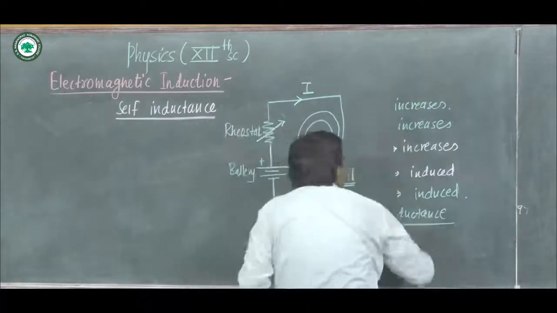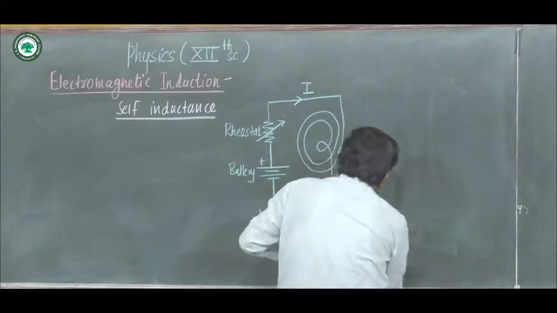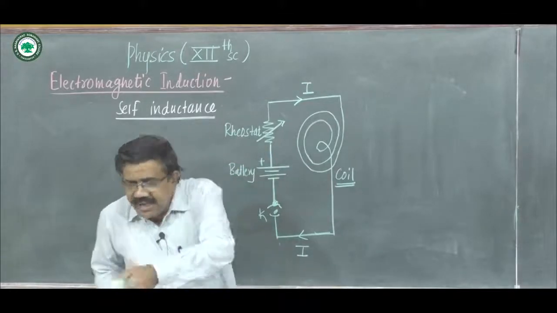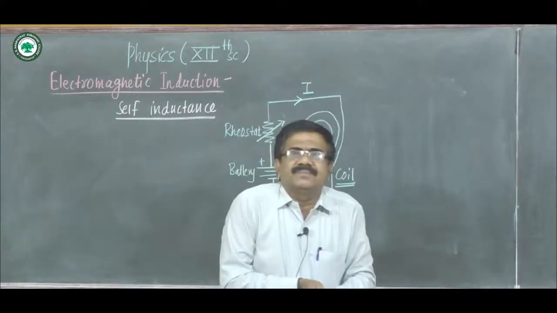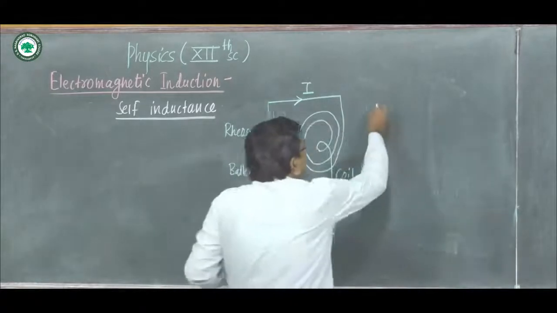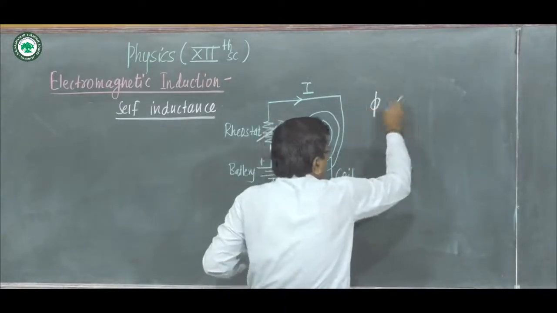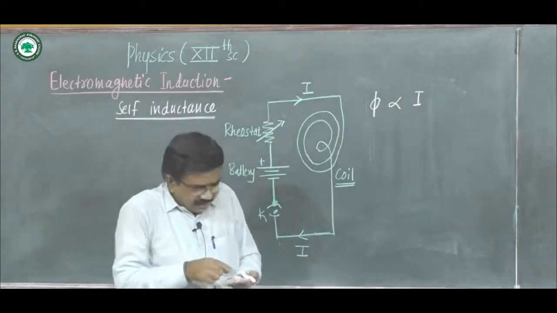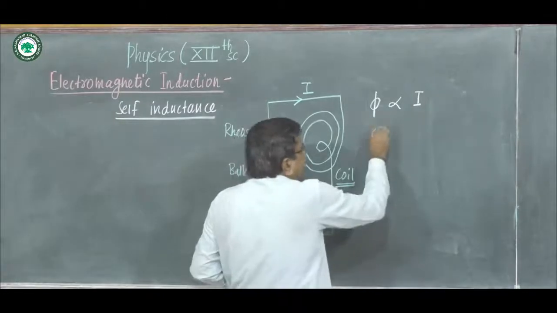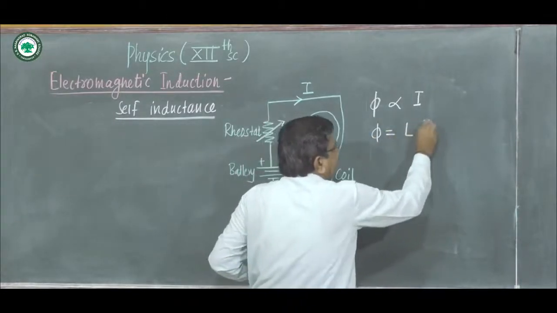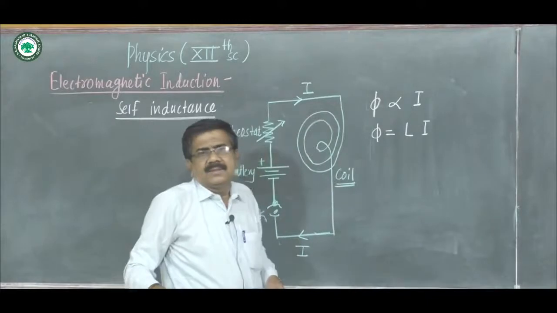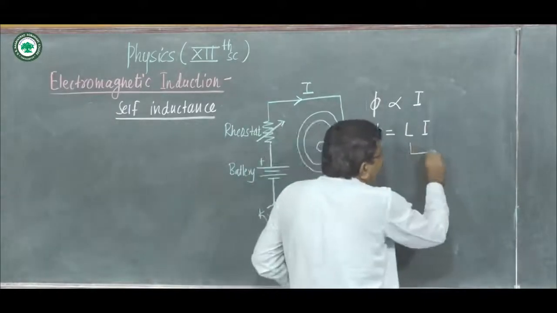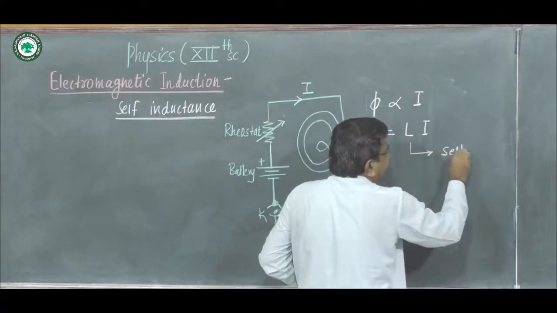Suppose at any instant t, if I is the current flowing through this circuit and phi is the flux linked with the circuit, then this flux phi is directly proportional to that current at any time t, or this flux phi is equal to Li. This L is a constant and it is called the self-inductance of the coil.